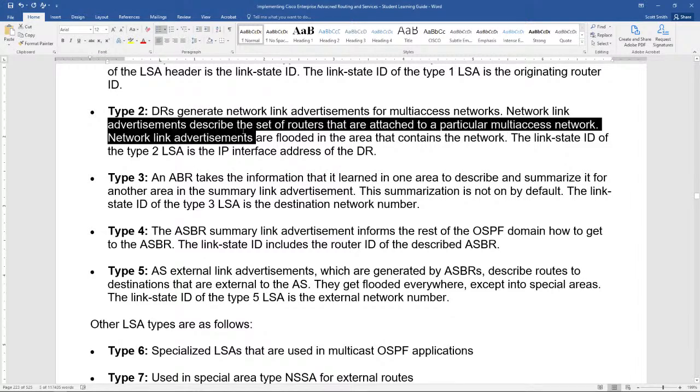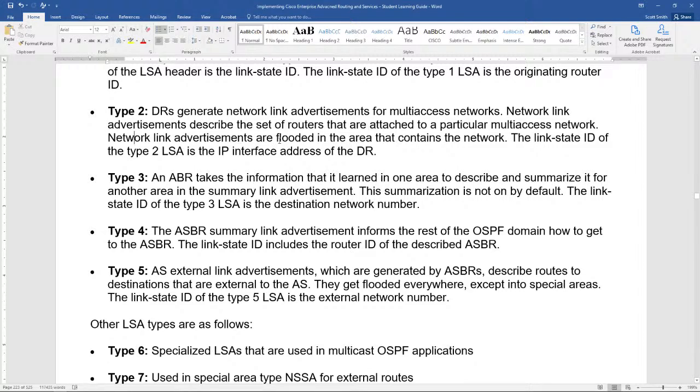The network LSA describes the routers that are attached to that particular multi-access network. And again, when we get into our lab exercise, we're going to take a look at all of this information as part of the lab exercise. Network link advertisements are flooded in the area, and the link state ID is the IP address of the DR. So not the router ID of the DR, but the actual physical IP address of the interface that's participating in that multi-access segment, okay?